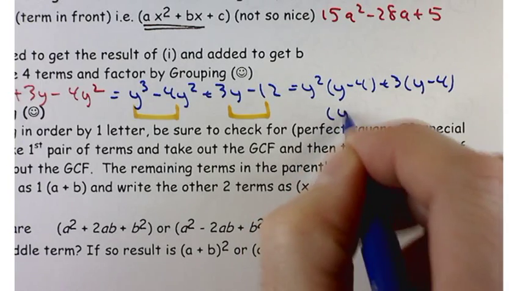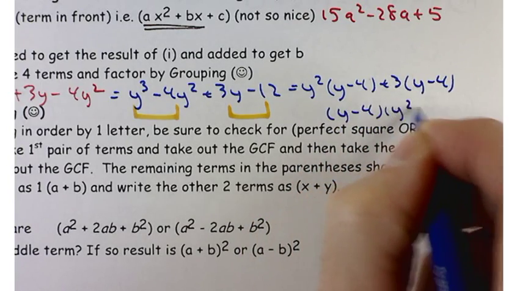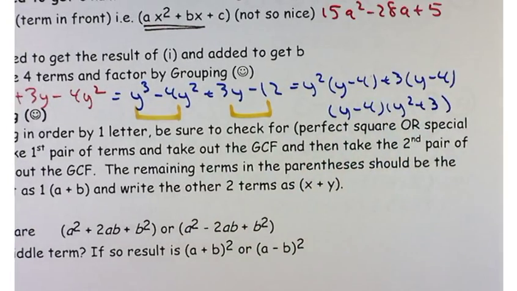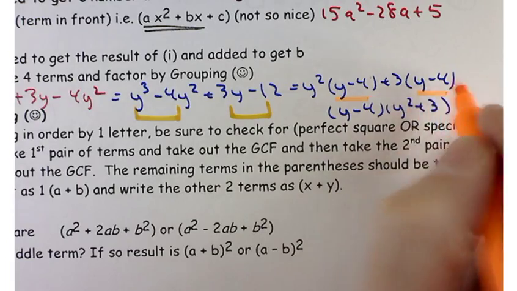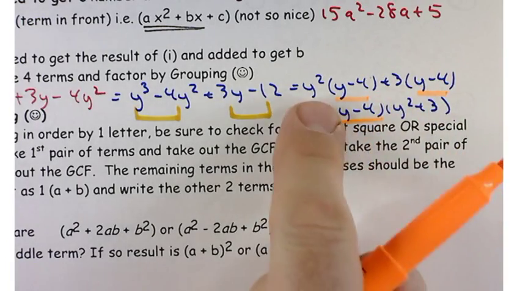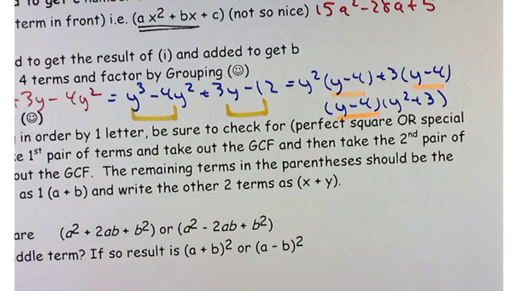And then y minus 4 times y squared plus 3. And what we did there at the end was notice that this was a common factor, factored it out, it left behind the y squared plus 3. So, yay. So that was the essence of section 6.1.